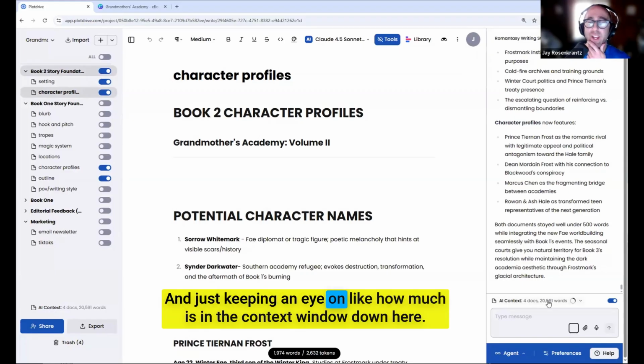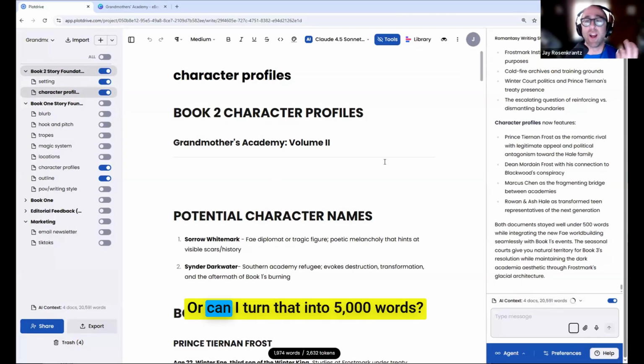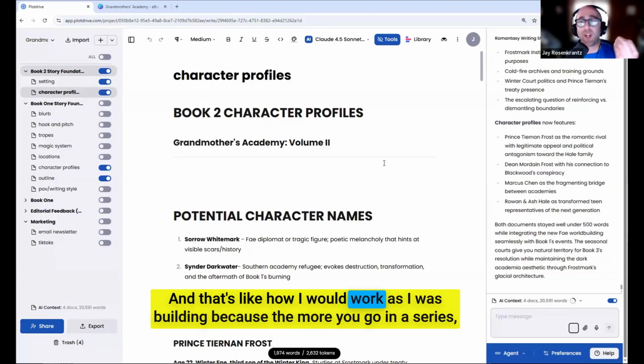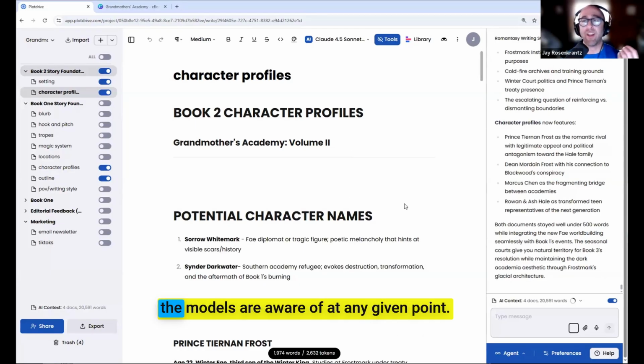And I'm keeping an eye on how much is in the context window down here. I've got 21,000 words. If I'm going to put 21,000 words in, is it the most important stuff, or can I turn that into 5,000 words that are equally rich and dense? That's how I would work as I was building, because the more you go in a series, you may need to have 100,000 words in the context window that the models are aware of at any given point.